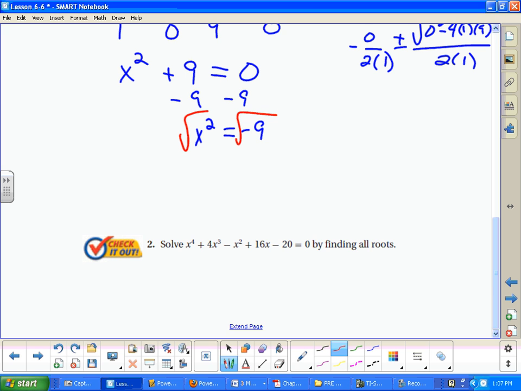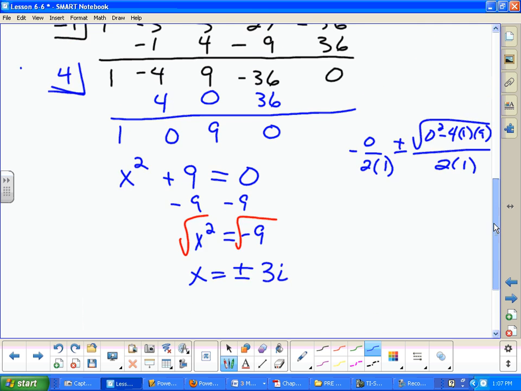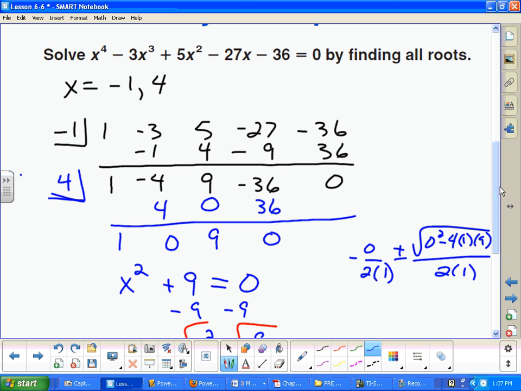So this is going to be x equals plus or minus 3i. And if I use the quadratic formula, I would have come to that same conclusion. So my answer for this problem then is negative 1, 4, and plus or minus 3i.